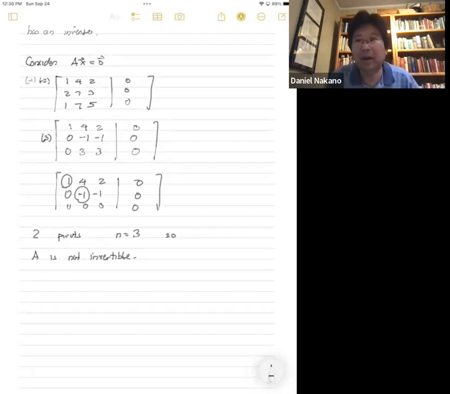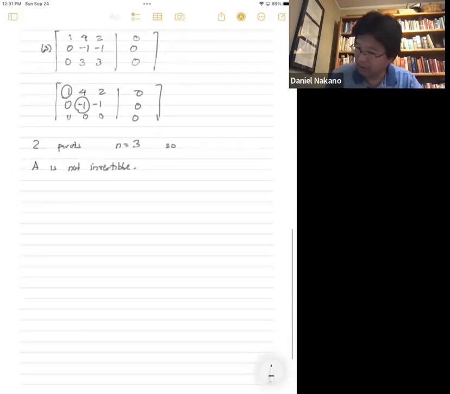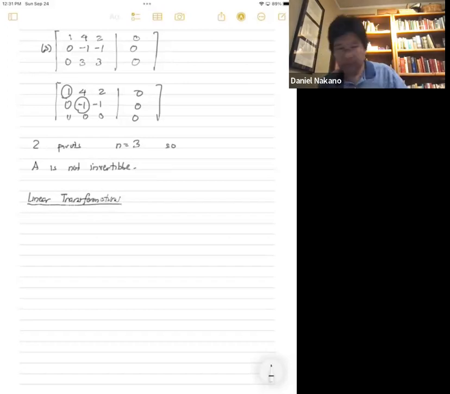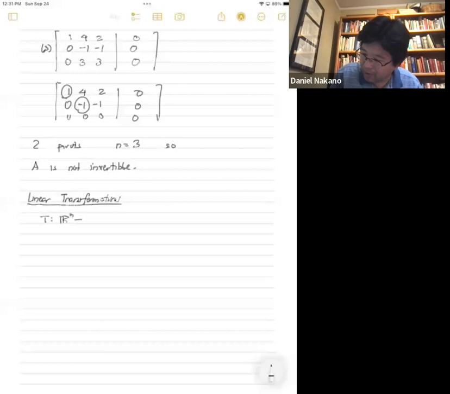All right, now we had the notion of linear transformations. So let's look at linear transformations just for a moment. And so we have T from Rn into Rn, and this is the linear transformation.